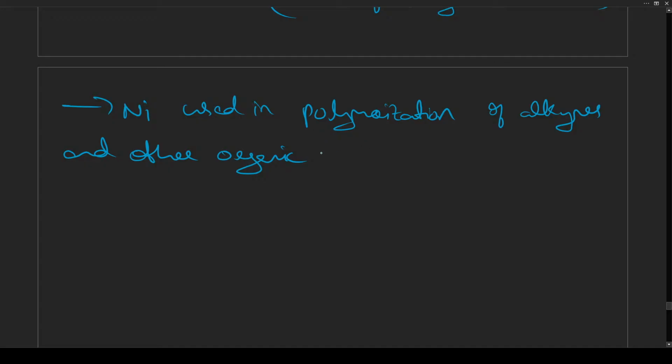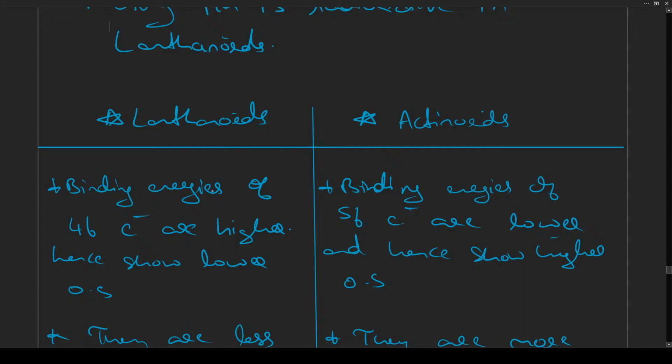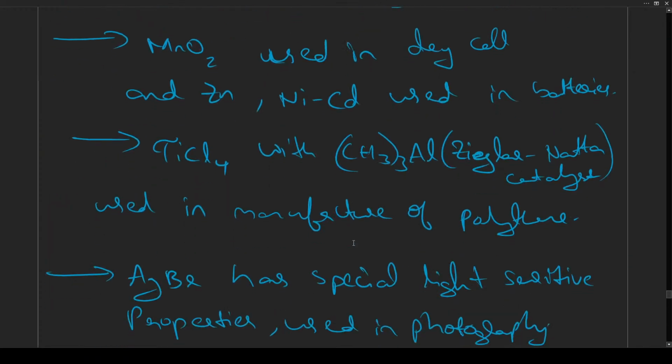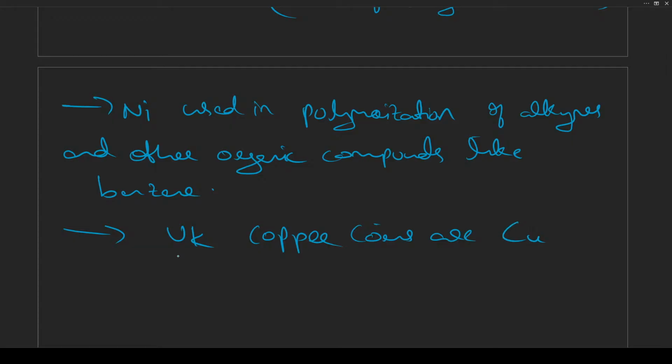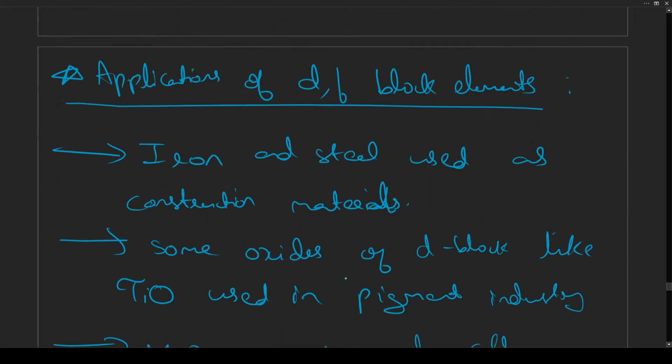Polymerization, hydrogenation, etc. Like benzene. Then UK copper coins are copper coated steel. These are the applications of D and F block elements.